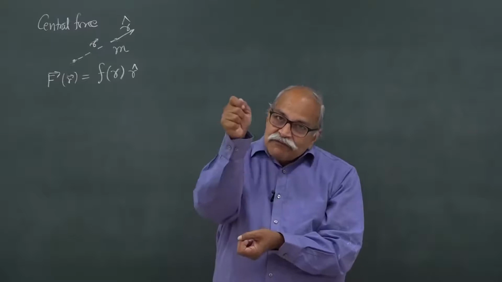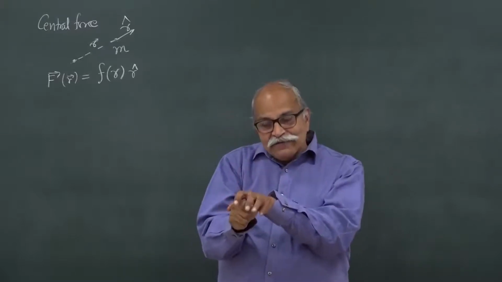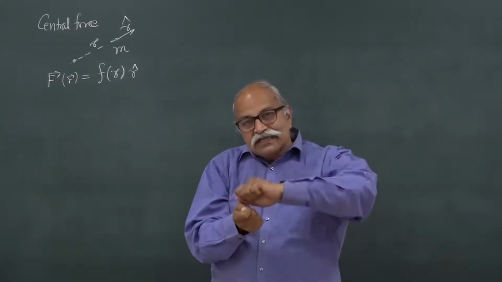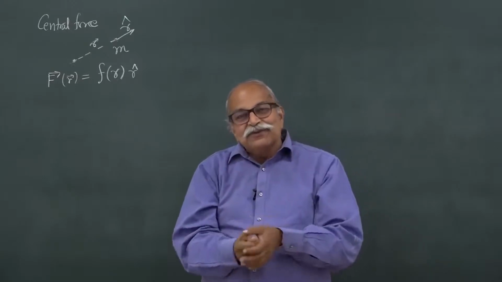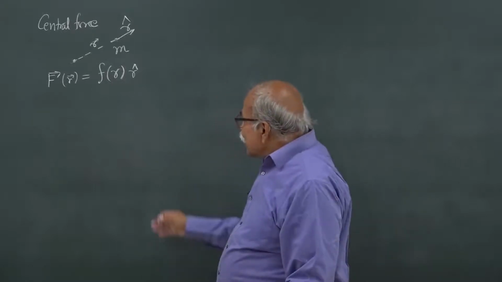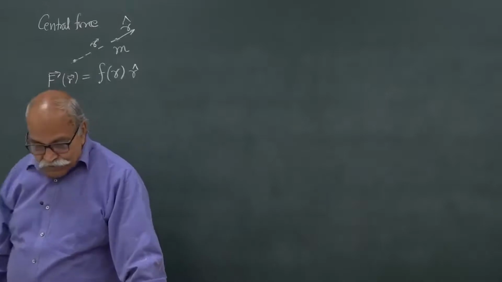So, all the time the force on the electron is towards that proton, which is taken as the origin, and the force depends on the distance only, q1 q2 by 4 pi epsilon naught r square. So, you have so many examples. Okay. So, let us try to study this.